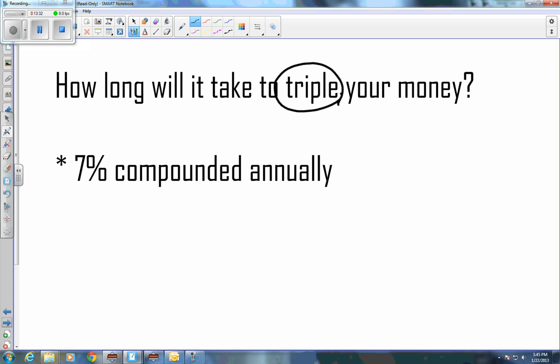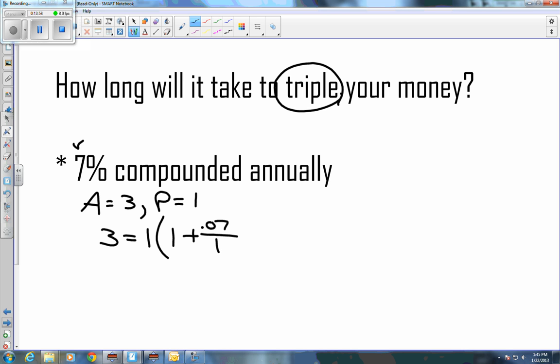So A equals 3 when P equals 1: 3 equals 1 times 1 plus 0.07 over 1, since it's compounded annually, and that's N.